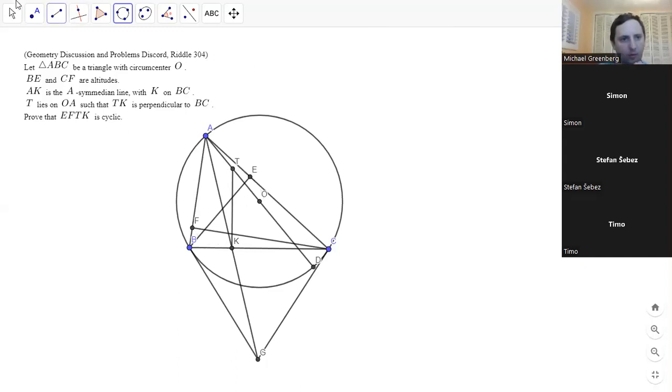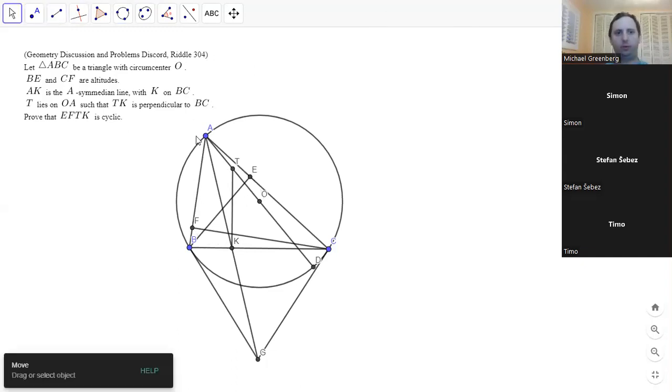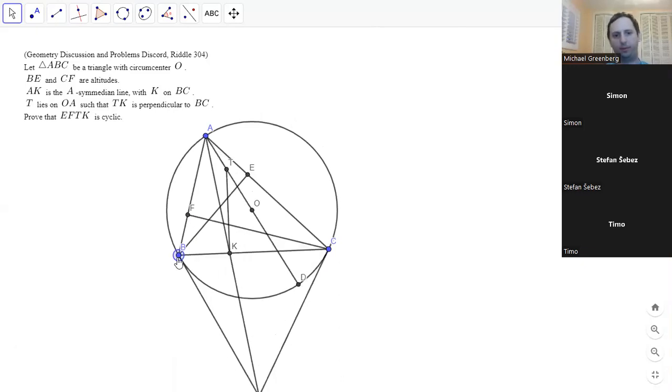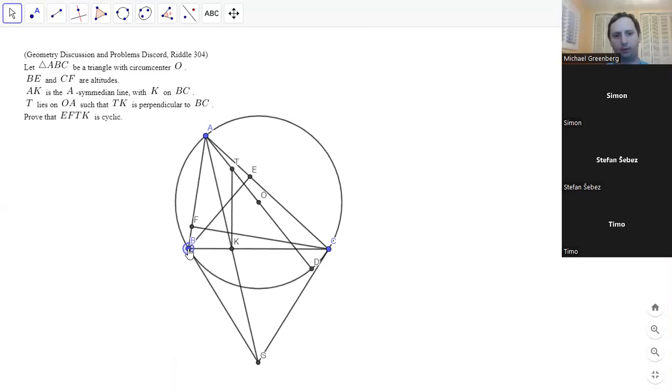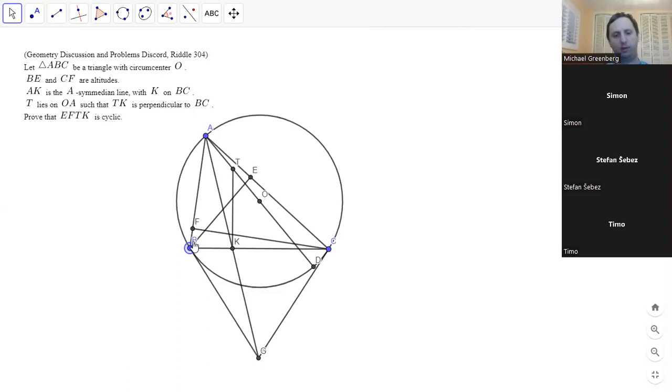All right, so there's a couple of things when we want to show something cyclic. We can try to do an angle chase. We can try to find another point that lies on that circle. Or we could try to use power of a point. So which one do we think is best?